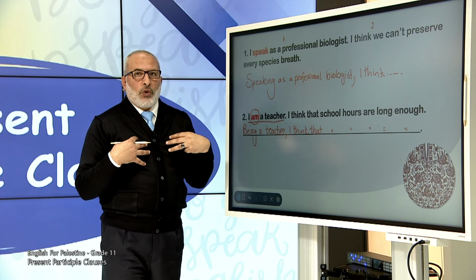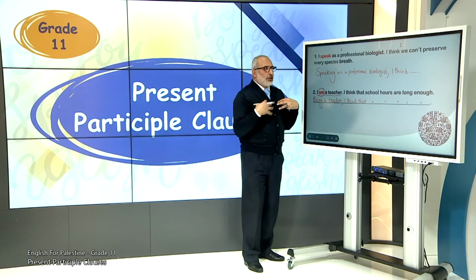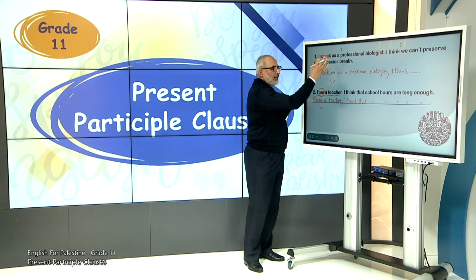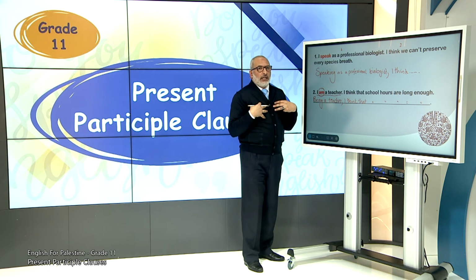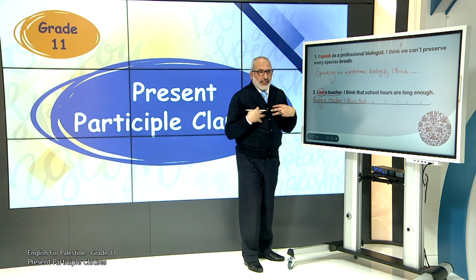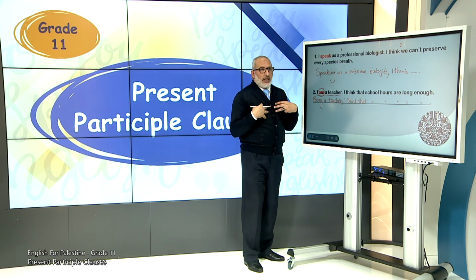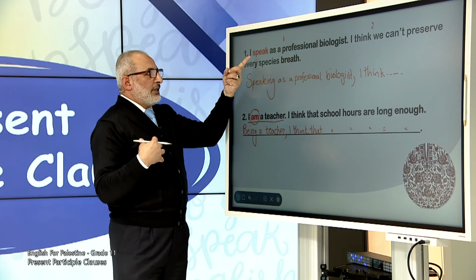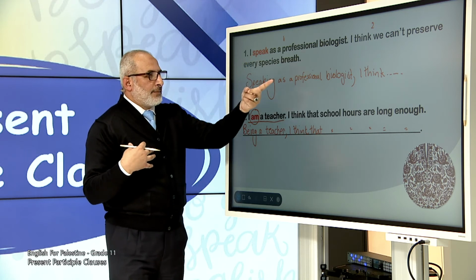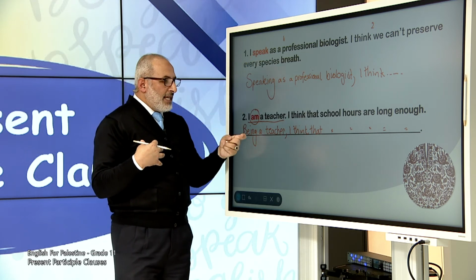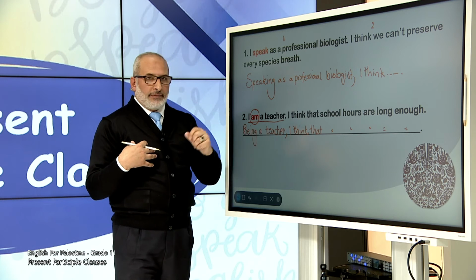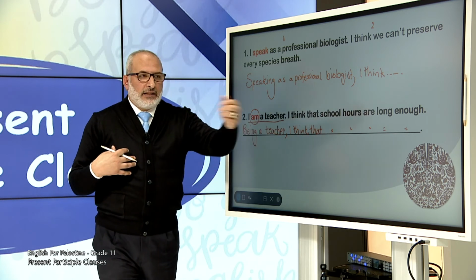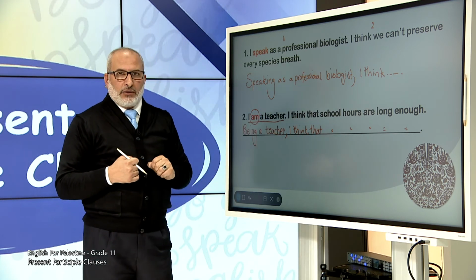One tells what I am. So we change the part that expresses my identity or tells others who I am. Here, speaking as a professional biologist, being a teacher, I think that school hours are long enough.